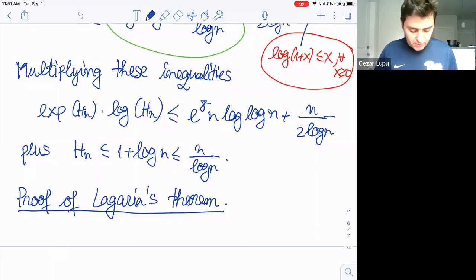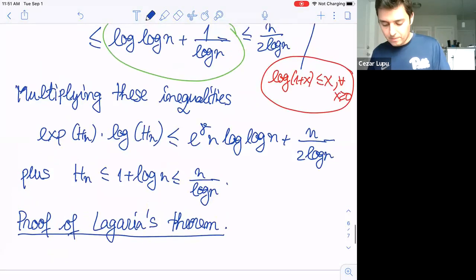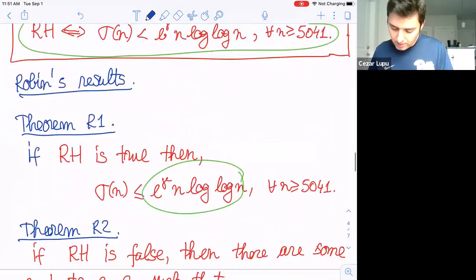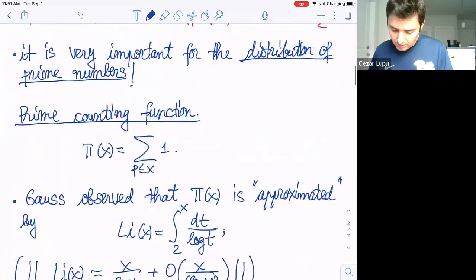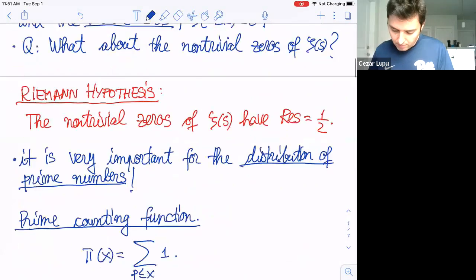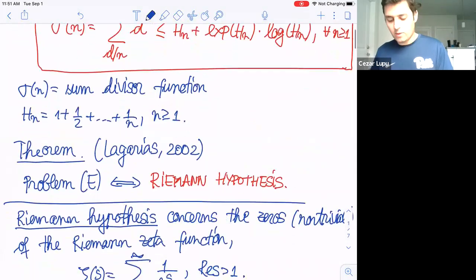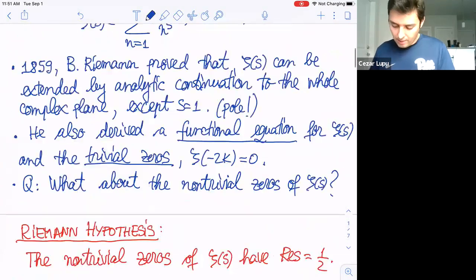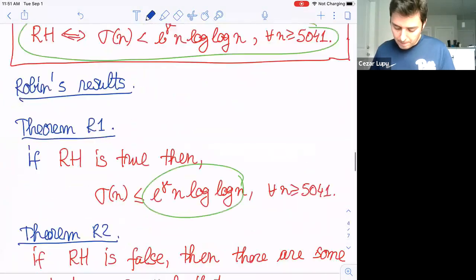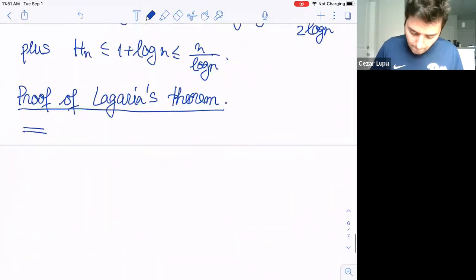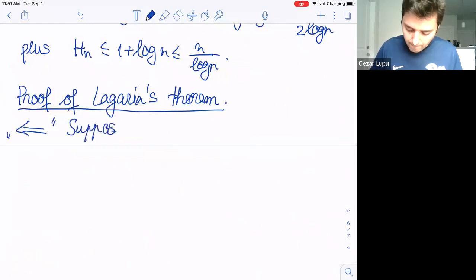The first implication: suppose that the Riemann hypothesis is true.